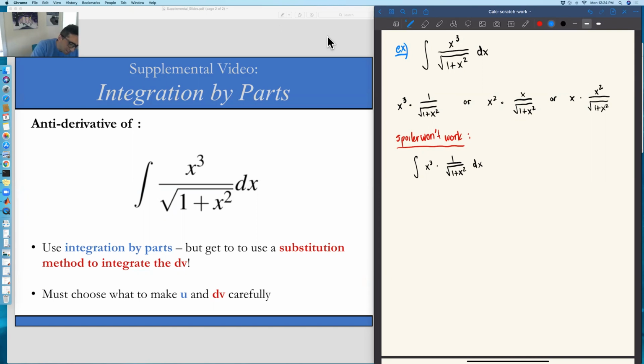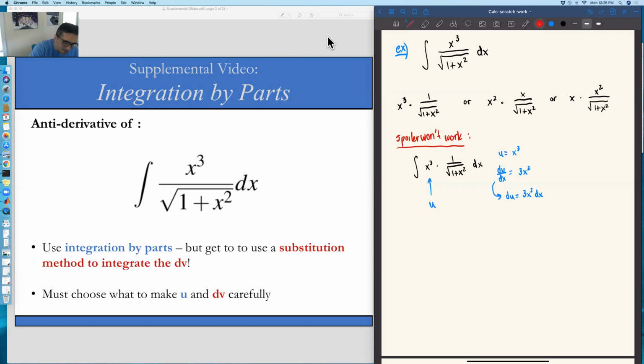Typically what we like doing is calling the polynomial part the part that we differentiate, because whenever we differentiate it, the powers keep reducing closer and closer to constants. So if we choose u as x cubed, du/dx gives us a nice 3x squared, and du is 3x squared dx.